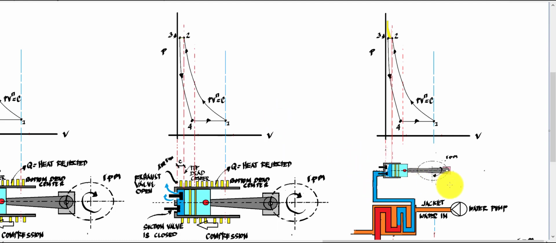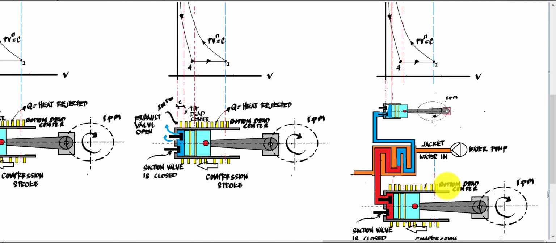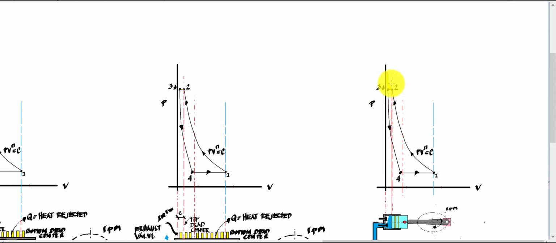So that demonstrates the multi-staging of a compressor. You will notice here we have a little amount of work behind the PV diagram.